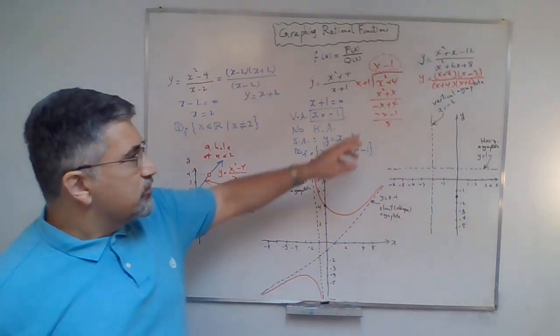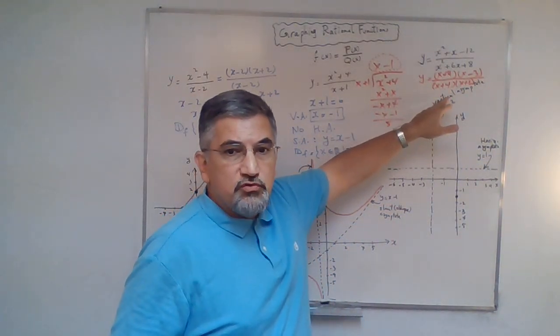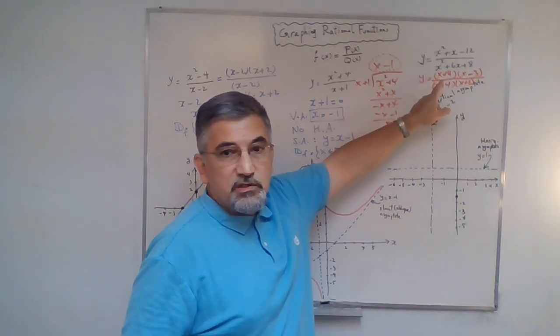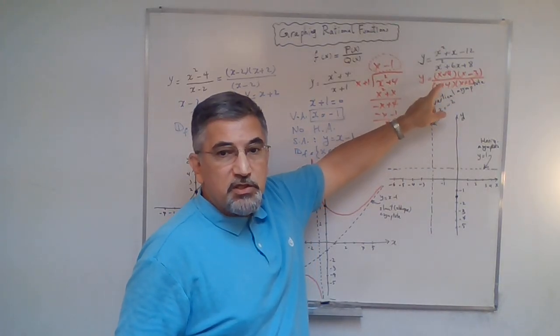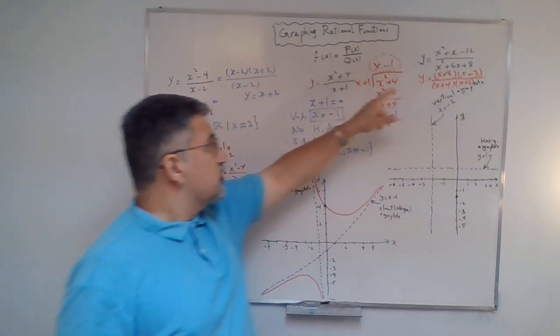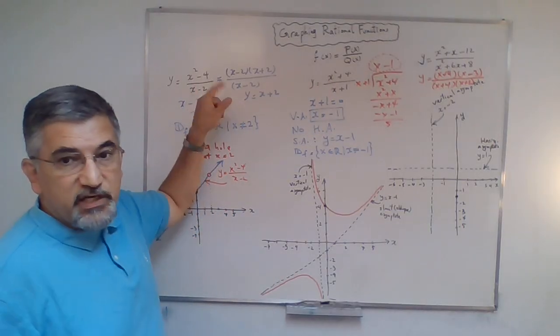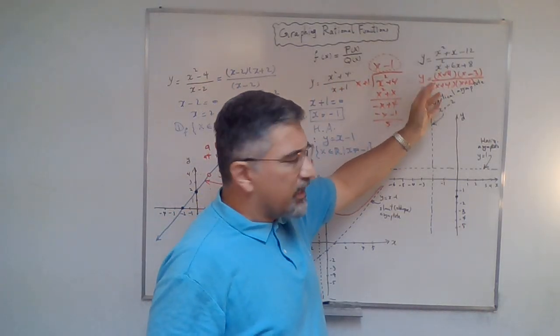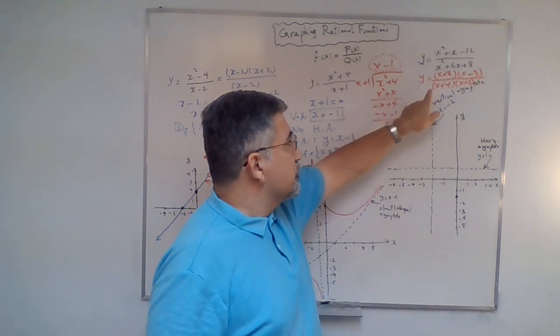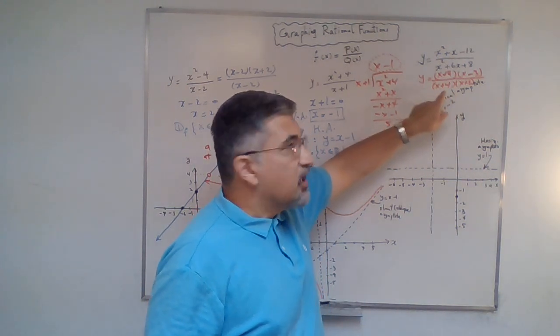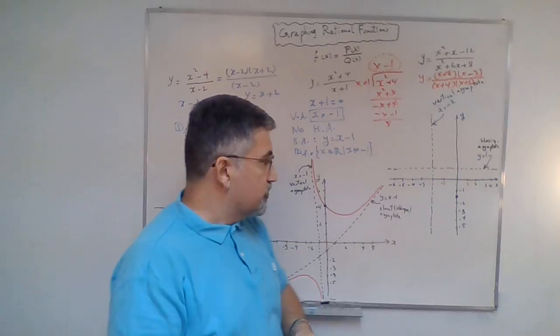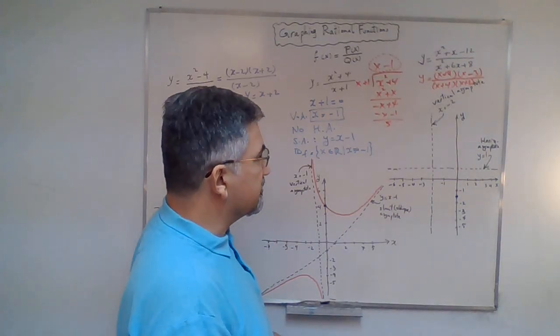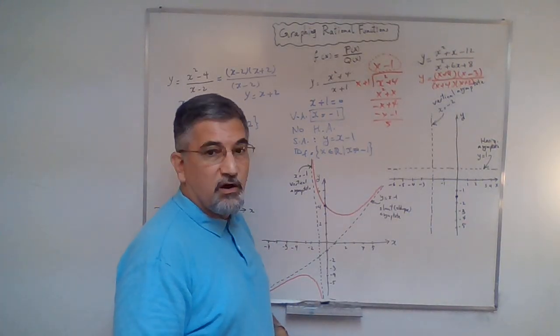So now, when you factor the top and bottom, you notice that x plus 4 is a factor that is common in the numerator and the denominator. It reminds me of this first exercise where x minus 2 was common. So this means that at x equals -4, which is actually one of the roots of the denominator, we do have a hole.